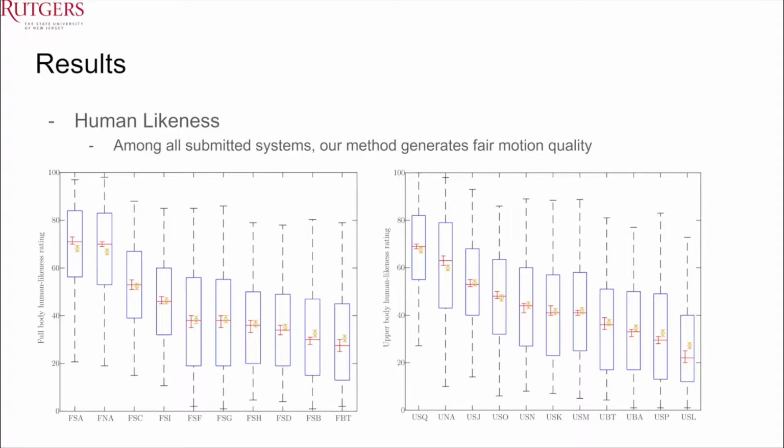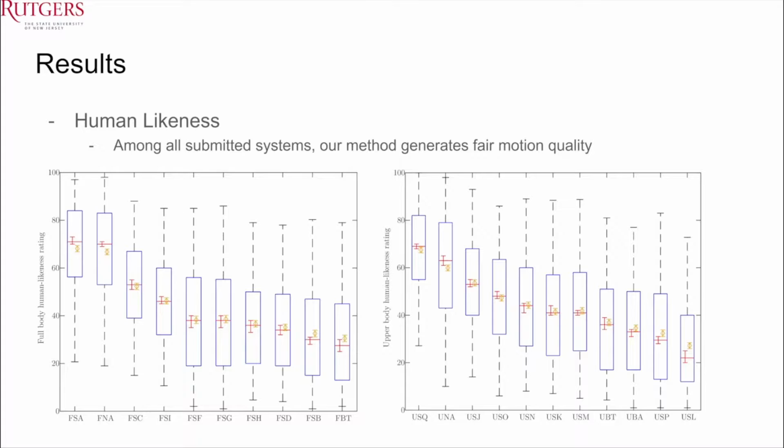However, there's a gap in human likeness between our entry and the natural motion. We think one major reason is that our system does not include finger motions, which limits the upper bound of the human likeness score that our method can receive.